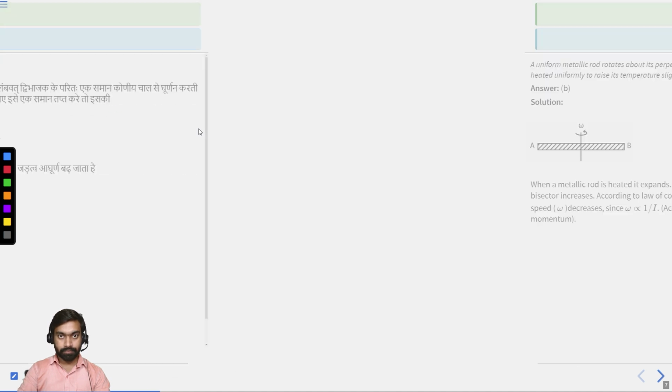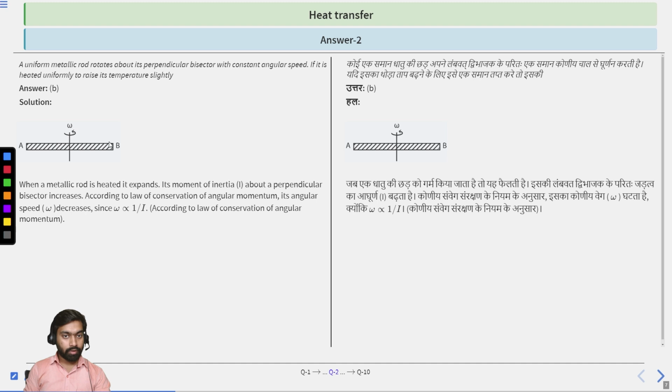Let's find a solution. So, according to the question, AB is a uniform metallic rod that rotates with angular velocity omega about its perpendicular bisector, like this in this figure. Speed is constant. If it is heated uniformly to raise the temperature slightly, then what happens? That is asked in this question. So when a metallic rod is heated, it expands.